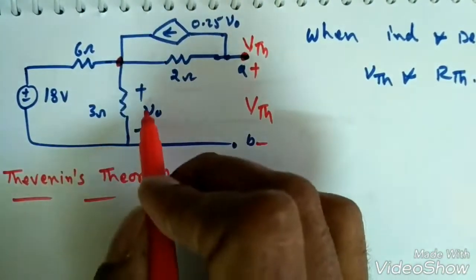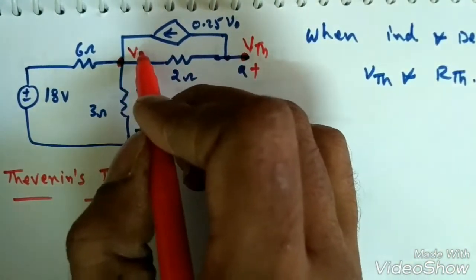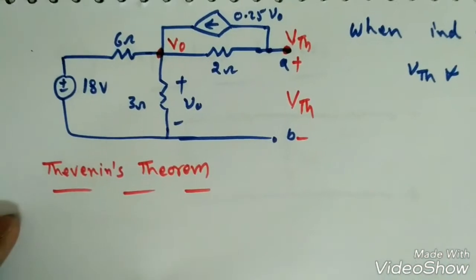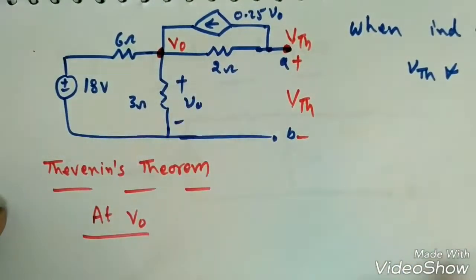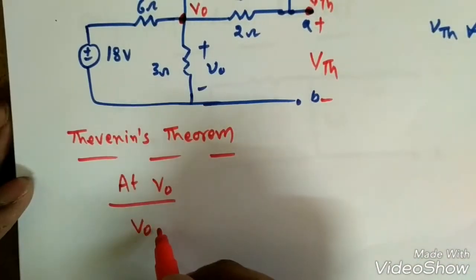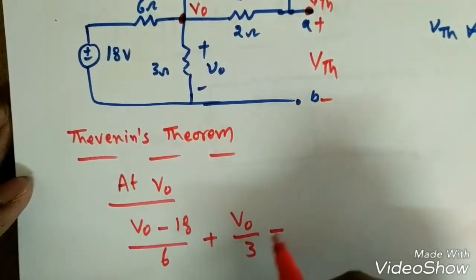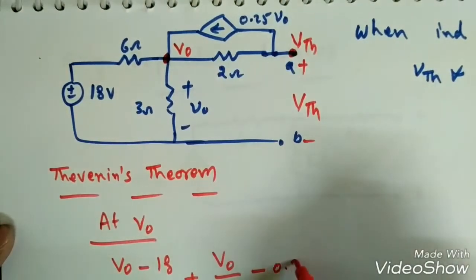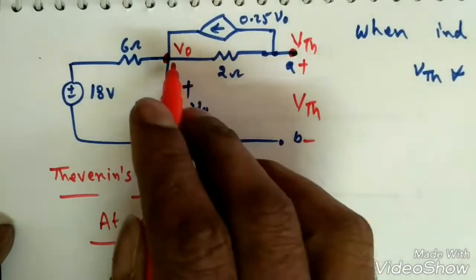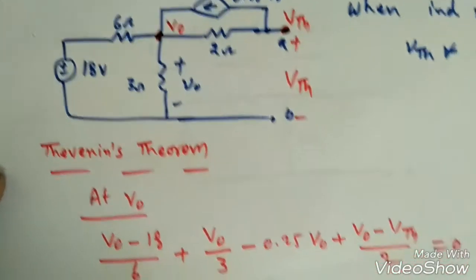Now see, this is already given as V0, and the dependent source is 0.25 V0. So I am assuming V0 here. Now apply nodal analysis. At this node, at V0, V0 minus 18 by 6 plus V0 by 3 minus 0.25 V0, since this current is incoming, and plus V0 minus VTH by 2 is equal to 0.